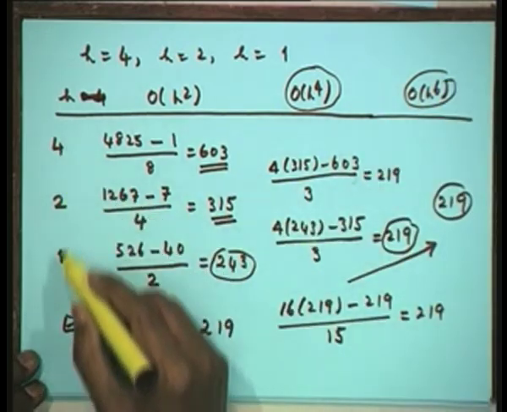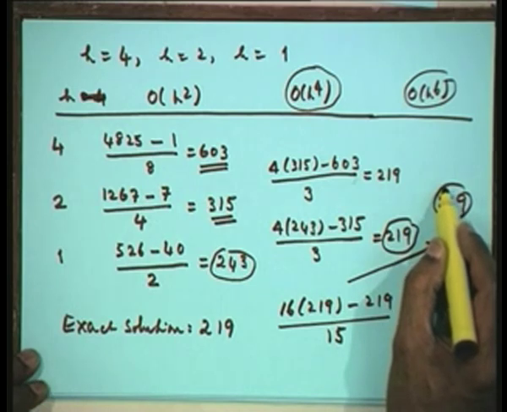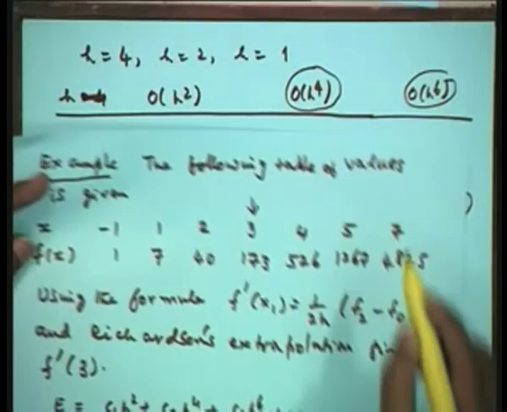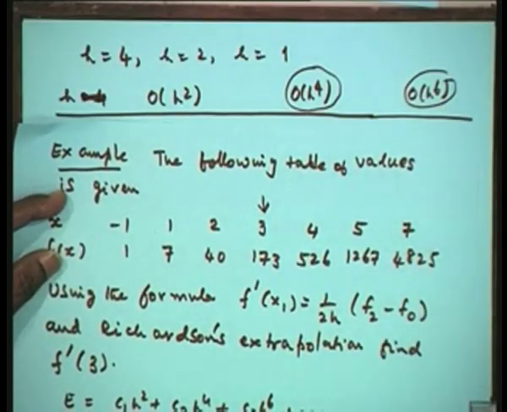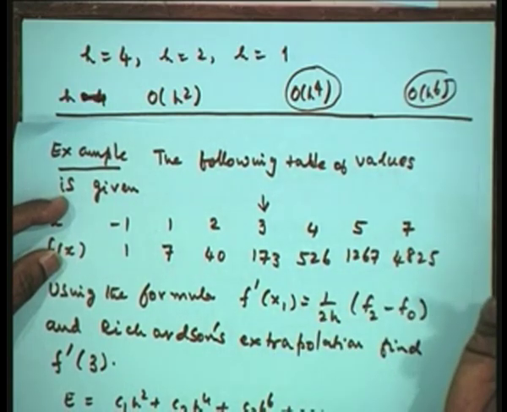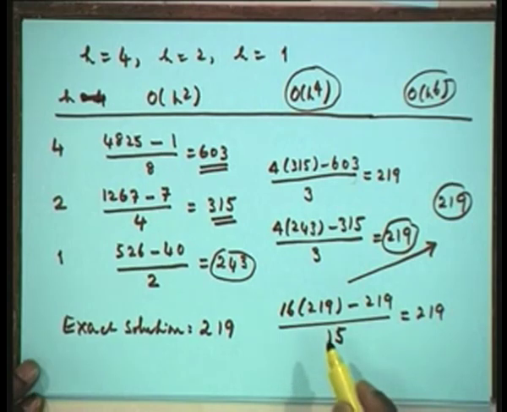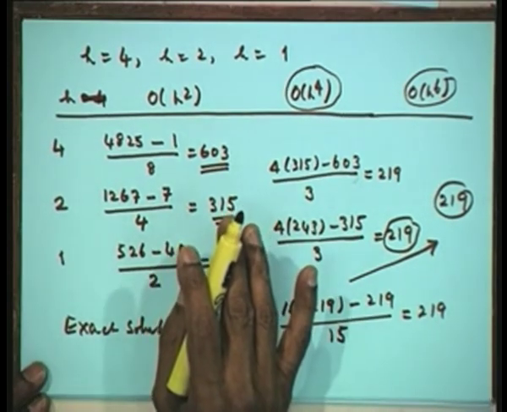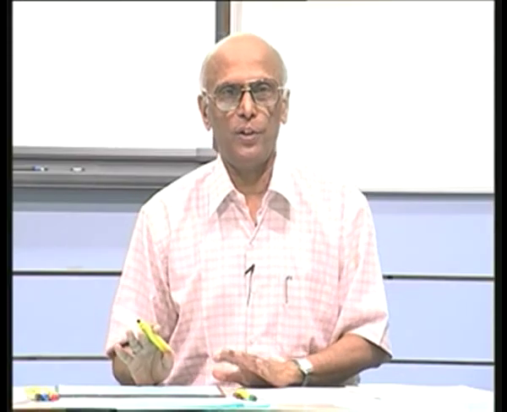By just getting 3 values I am getting a value as if it has been obtained by order of h to the power of 6. Now if I want to write down a formula of h to the power of 6 using this, I need at least 9 points or so, therefore round-off error will be more. Therefore the most important tool in getting better results is Richardson extrapolation for numerical differentiation.